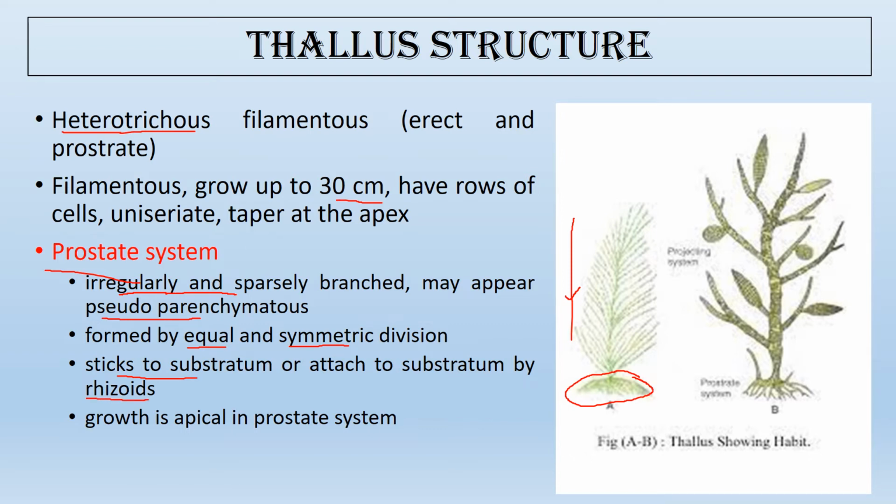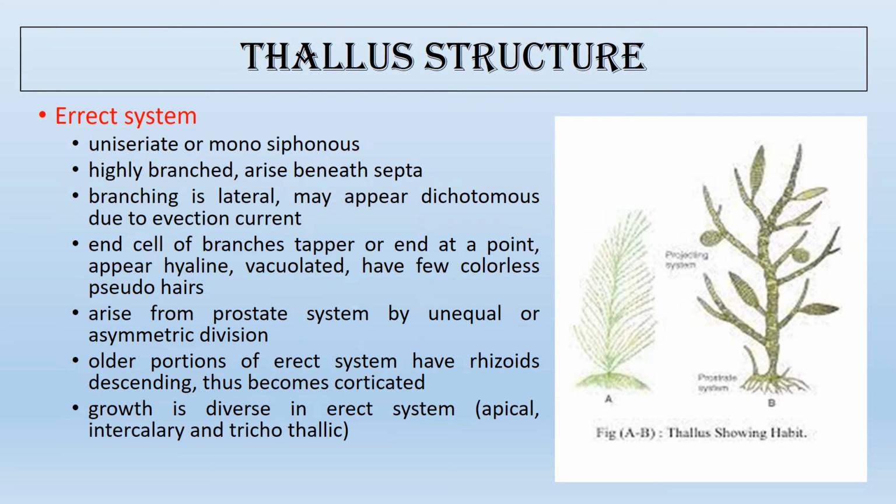The growth in the prostrate system is apical, whereas in the erect system it is different. The erect system is uniseriate and monosiphonous, as opposed to polysiphonous, which means they have a central cell and many surrounding layers.